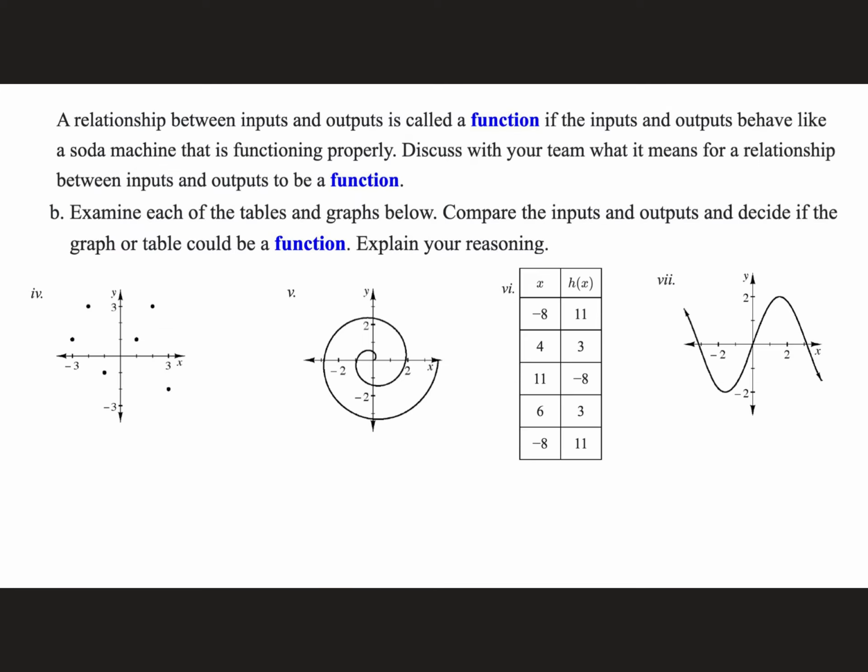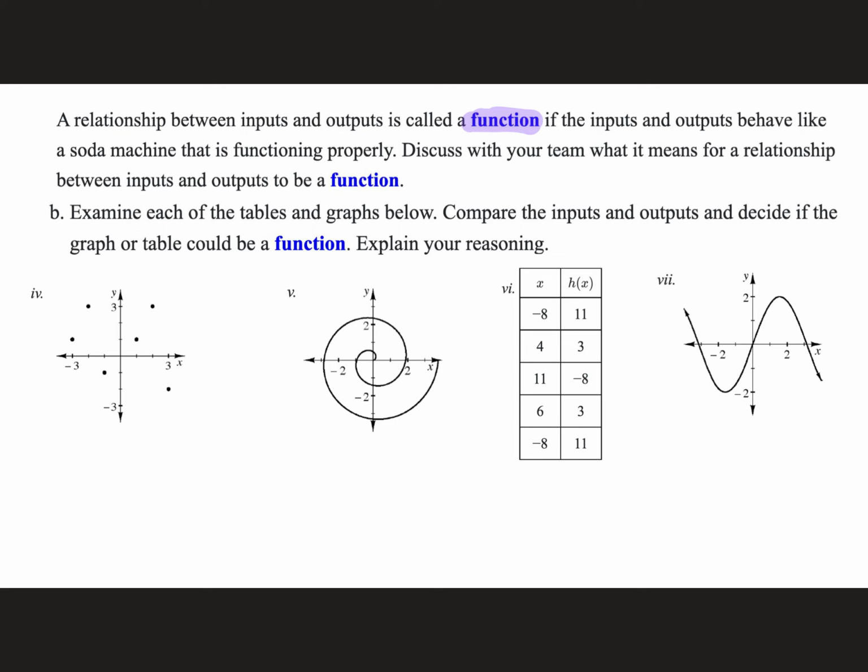All right, let's try a few more. This relationship that we've been saying between the outputs and inputs is called a function, which is a special type of relationship, only if the inputs and outputs behave like a properly functioning soda machine. In other words, we can make predictions and we are seeing consistent behavior. So let's think about what it means for a relationship between inputs and outputs to be a function.